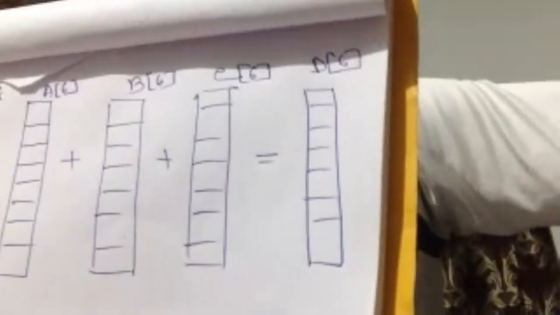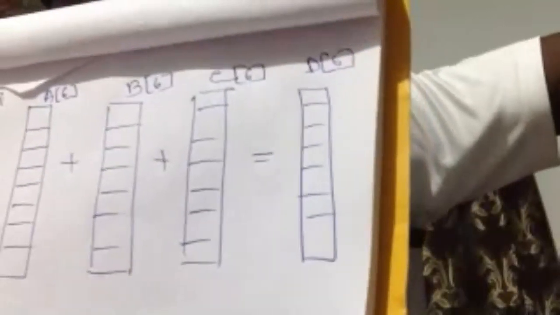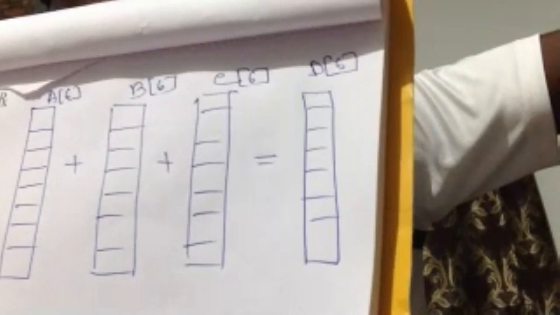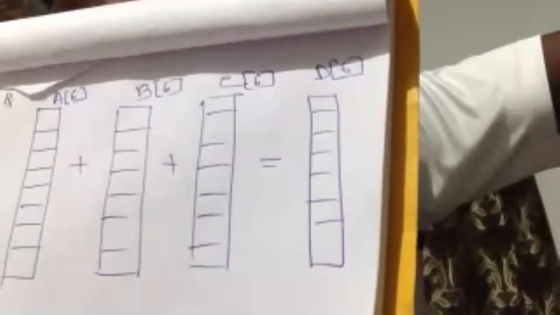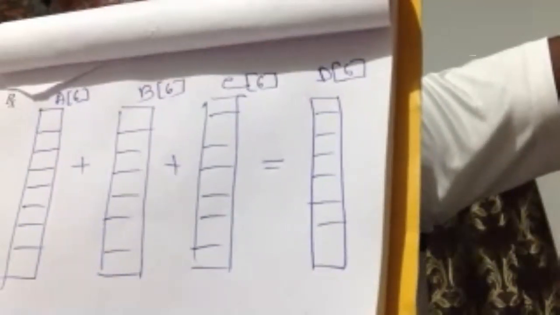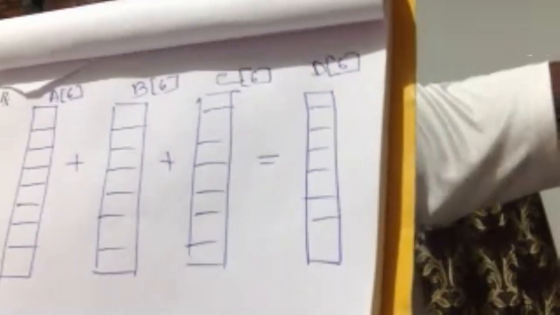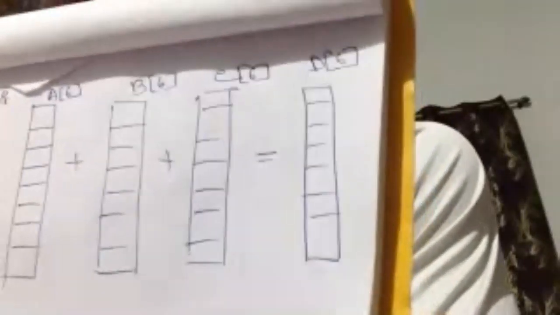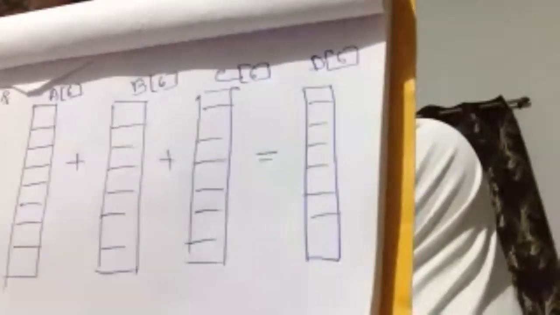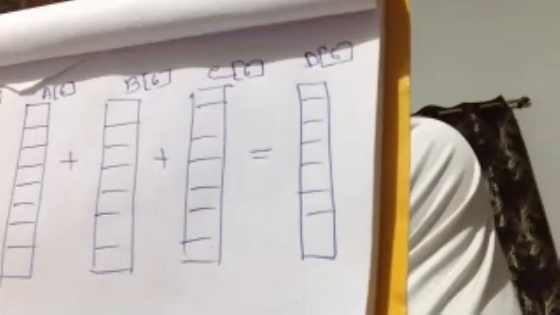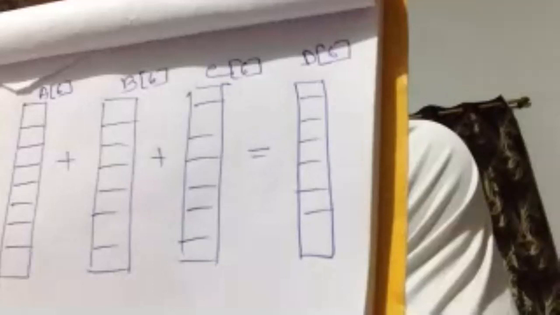First, I have to input array A. How many elements? 6. Similarly, B again has 6 elements. Means for inputting array A, I have to generate how many addresses? 6 addresses: A1, A2, A3, A4, A5 up to A6.